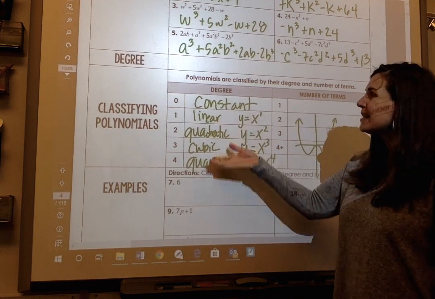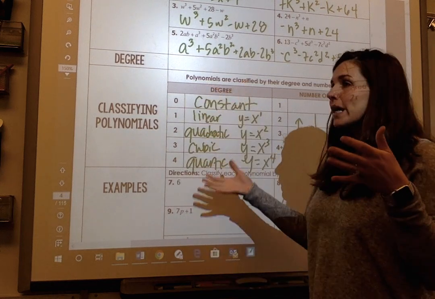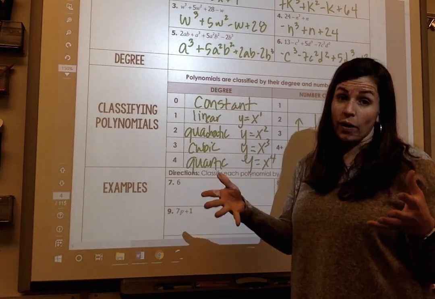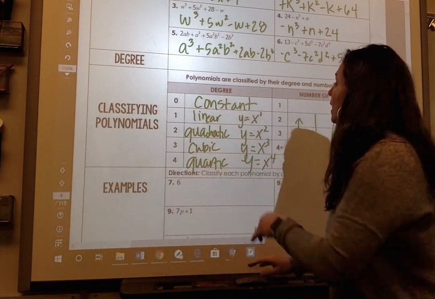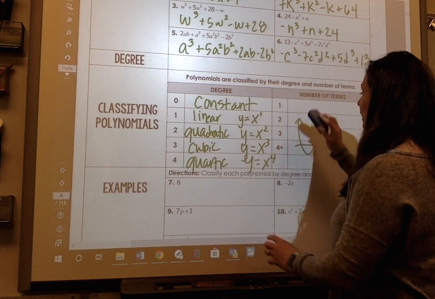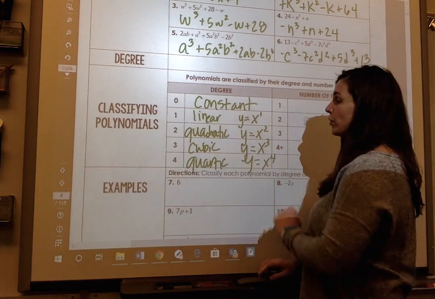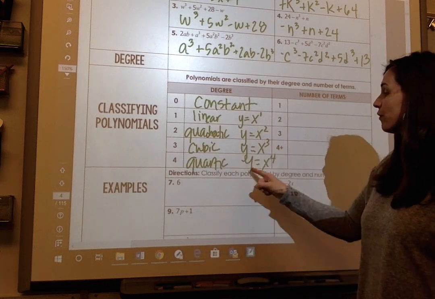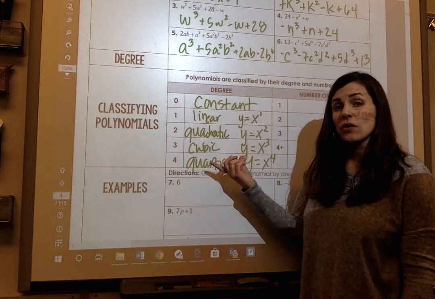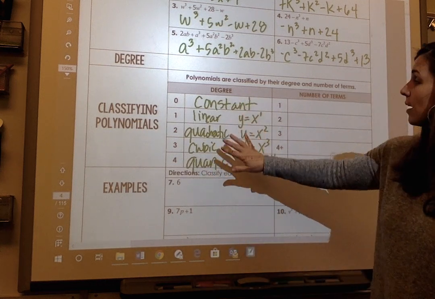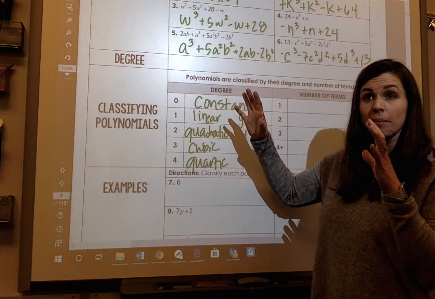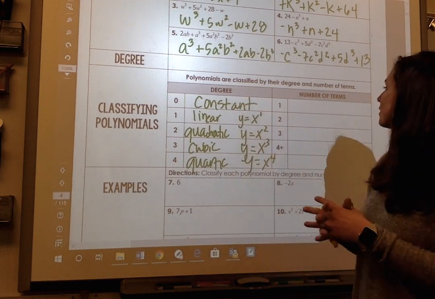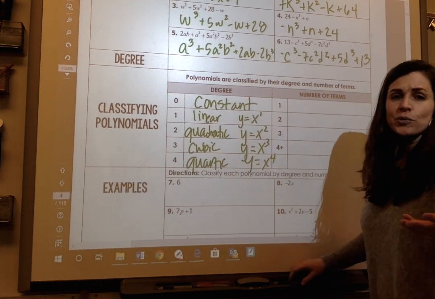Okay, so basically the degree is talking about what the shape of your graph looks like. So when you think of degree, if it's to the x to the first power, it's linear, squared is quadratic, to the third is cubic, to the fourth is quartic. So I'm going to leave those on there so you can put in your notes because that's pretty helpful when you get the picture for it graphic-wise. When it talks about the number of terms, you already know this.